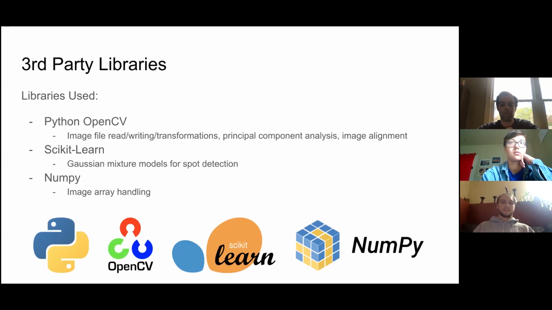The obvious downsides of using third-party libraries is that in the process, we picked up some technical debt, which essentially means that we knew kind of what the algorithms were doing, but we didn't know all the nitty-gritty details that we may have been able to optimize the rest of our pipeline for.